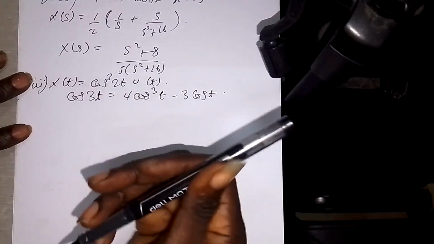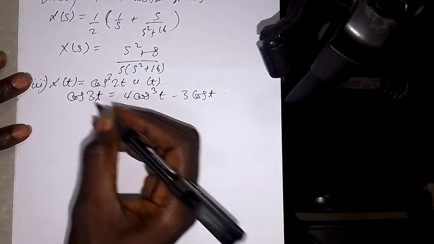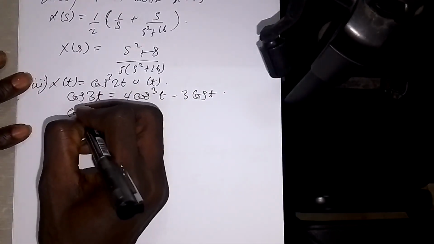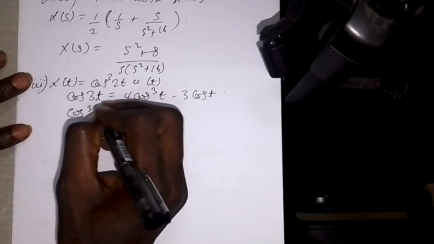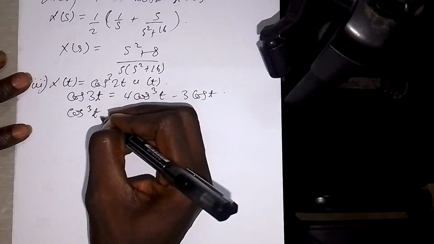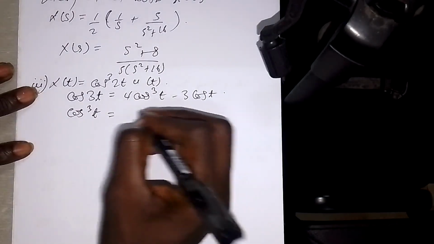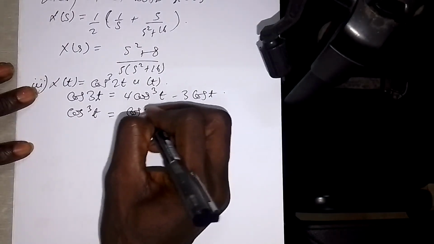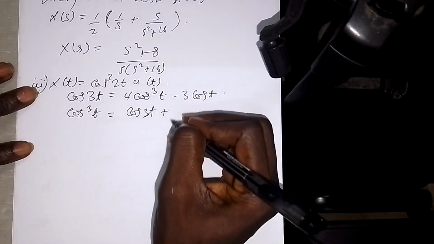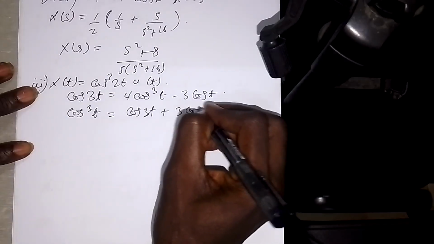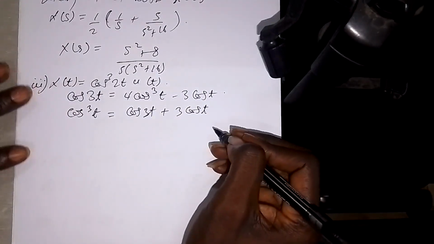So what we can get is that cos cube t is actually going to be equal to cos 3t plus 3 cos t over 4.